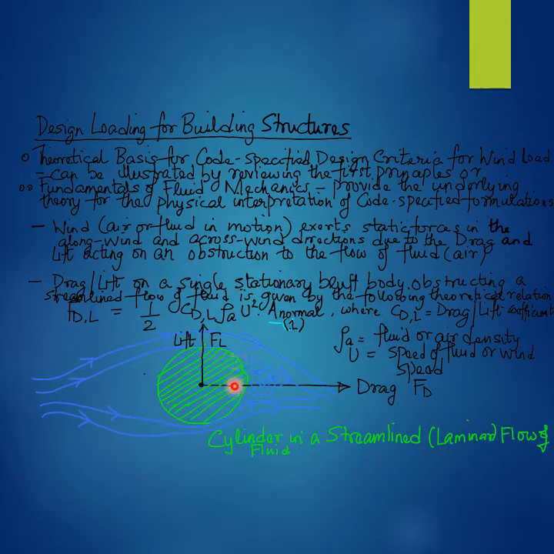In the context of wind loading, the cylinder depicted by the shaded yellow circle may be visualized as a building with a circular cross section, a circular plan shape, in a field of airflow, air being the fluid in the context of wind loading.